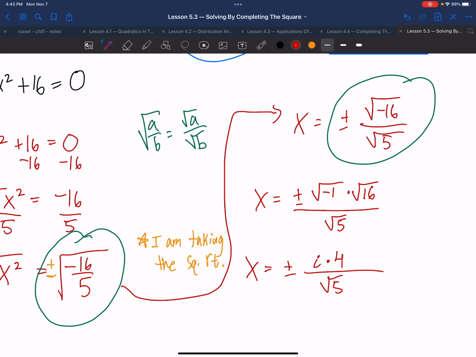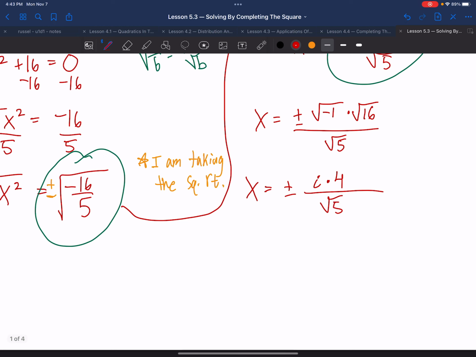However, I need to rationalize the denominator. So I'm going to multiply by root 5 over root 5. Remember, we talked about this in the earlier video. I don't want to divide by irrational numbers if I can avoid it. So I will multiply by root 5 over root 5 so that the denominator becomes an integer.